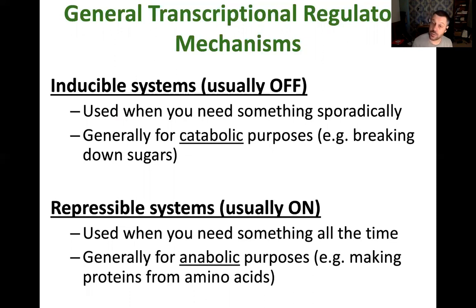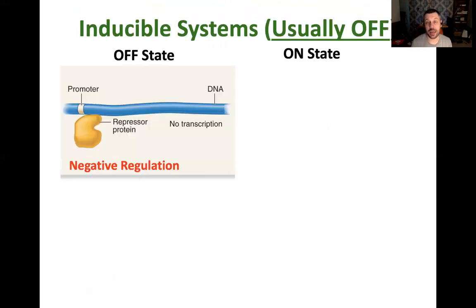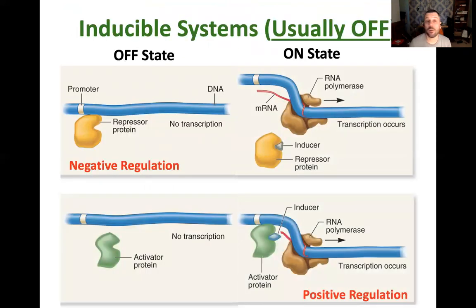Conversely, repressible systems are on most of the time. So they're either not bound to a repressor that can bind to shut them off, or they are constantly bound to an activator, which can be removed. So the way I ground myself in these terms is by thinking about what the terms actually mean, and that's helpful, I think.